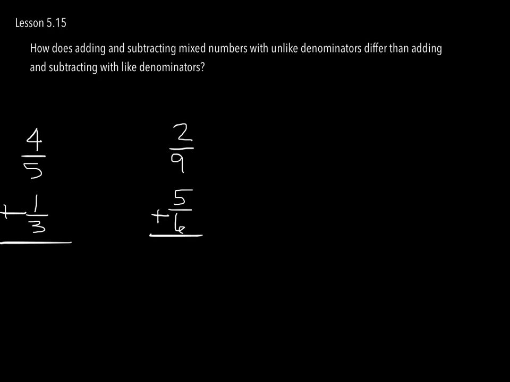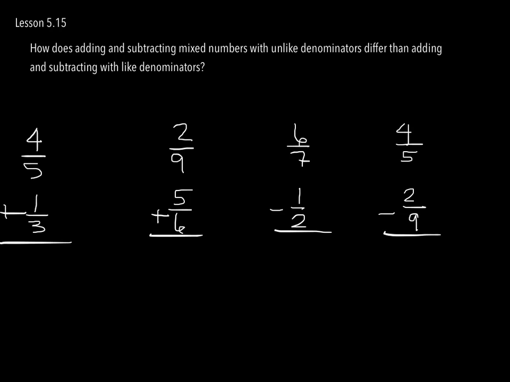Then we have 6/7 minus 1/2. And then our final problem, 4/5 less 2/9. Alright, so pause the video, work the problems, and then when you're done, restart the video to check and see how you did. Good luck.